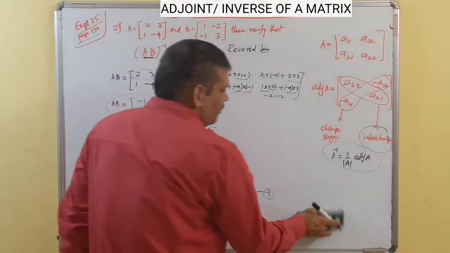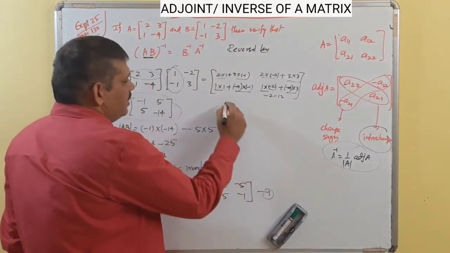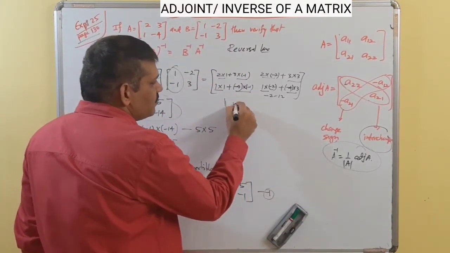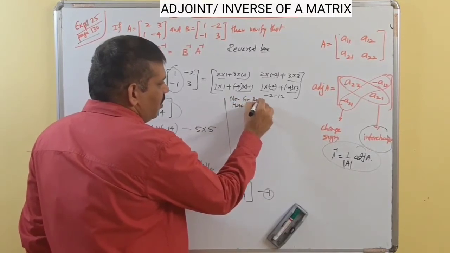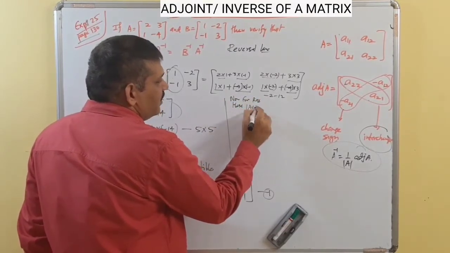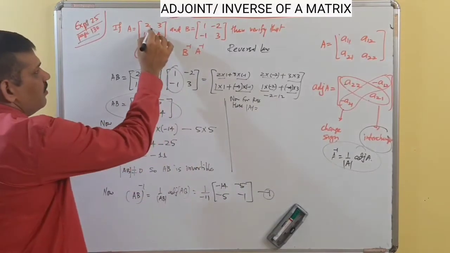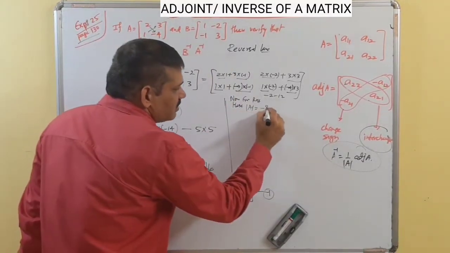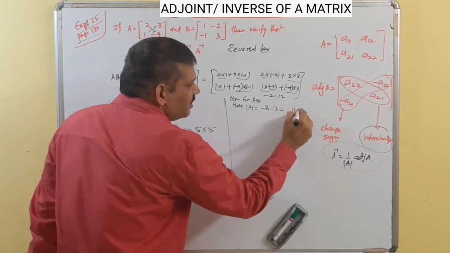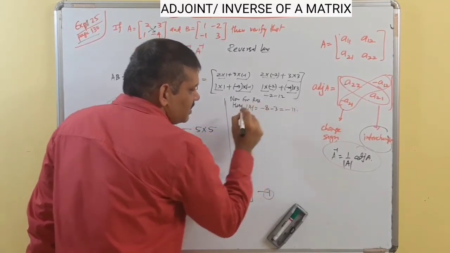Now for the right hand side, what do we need? We need A inverse. For the RHS, the determinant of A is minus 8 minus 3, which is equal to minus 11. So A inverse exists.